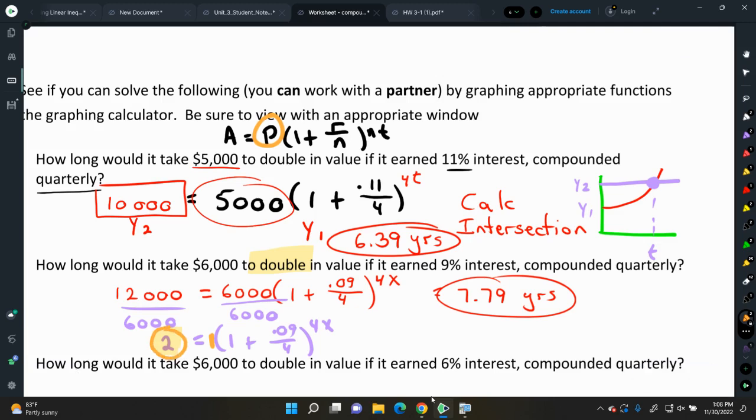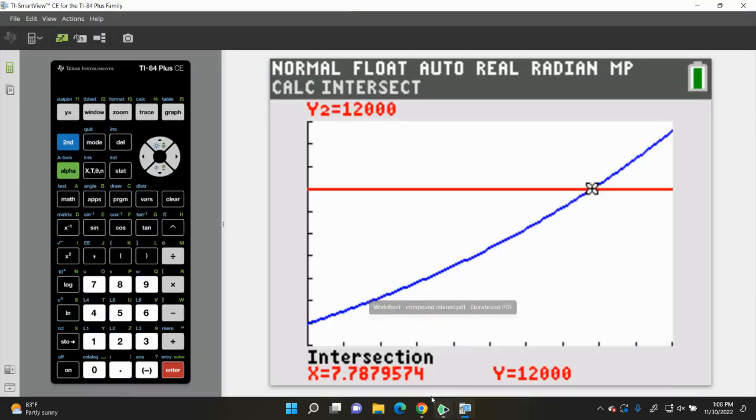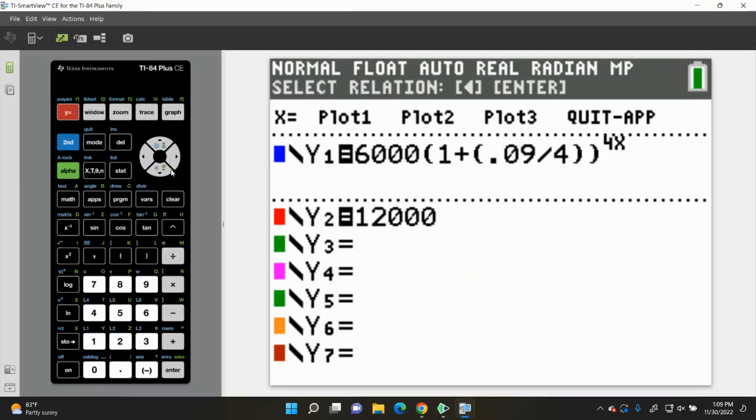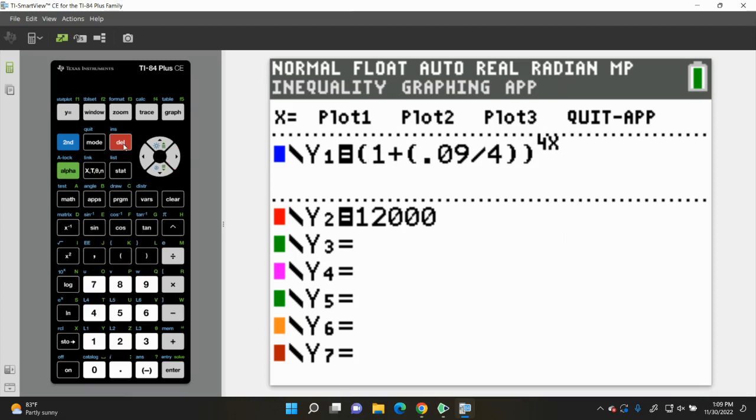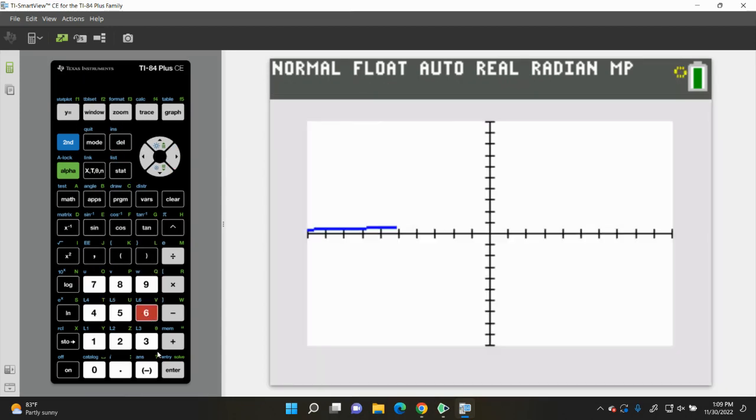So if I put it in the calculator in this form, instead of using the 6,000 and the 12,000, delete that, and then just leave this as a 2. The nice thing here is that I don't have to worry about my window now. The other way you have to adjust your window based on the values.